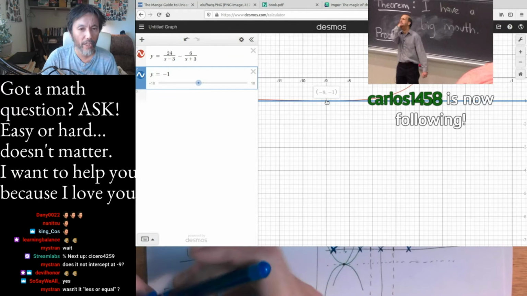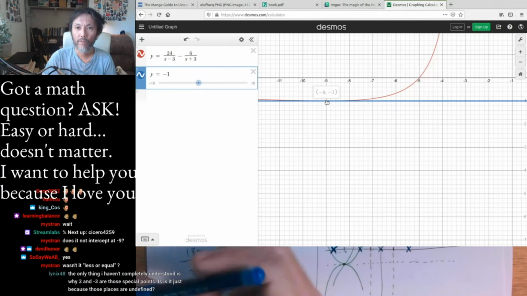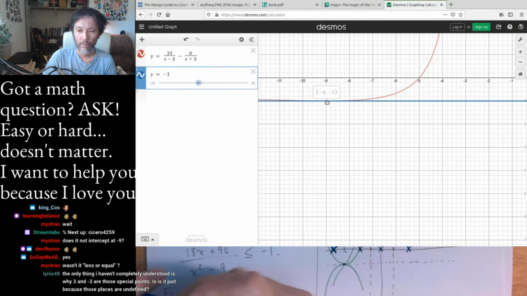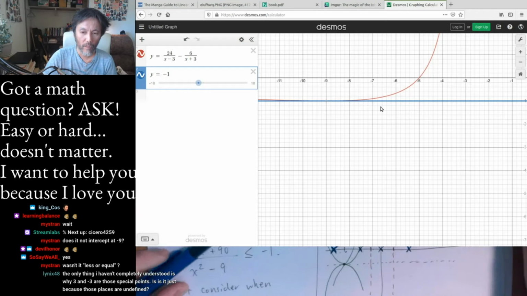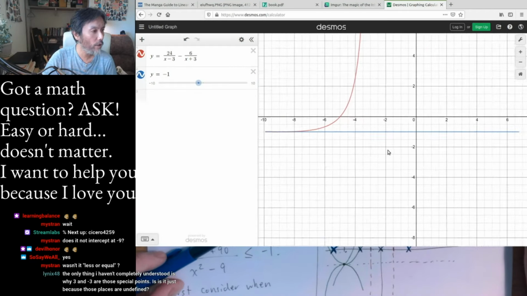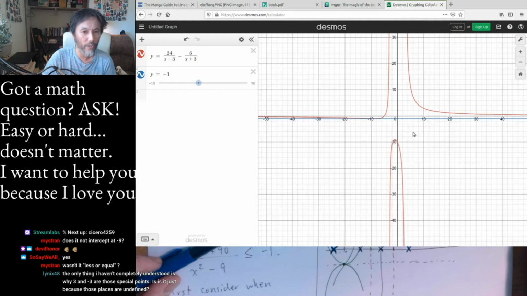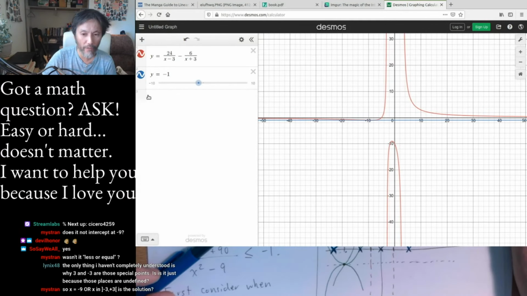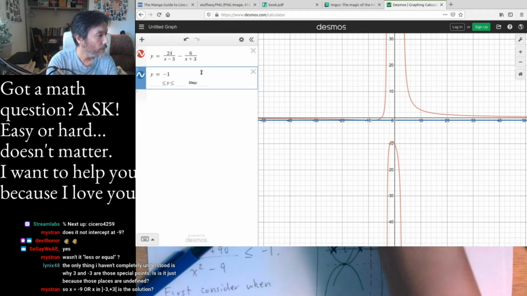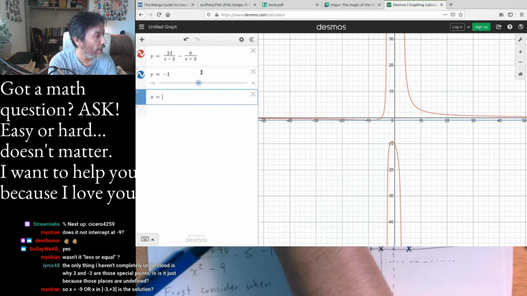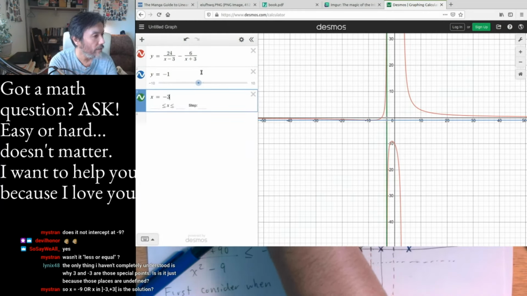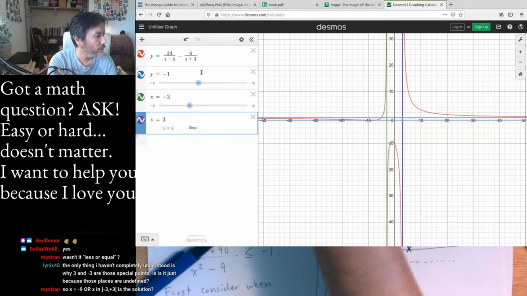Cicero 4259, you out there? Yeah, at those places, what you have are what are called vertical asymptotes. So if we take a grander view of this graph, maybe I can plot the lines x equals -3 and x equals 3.